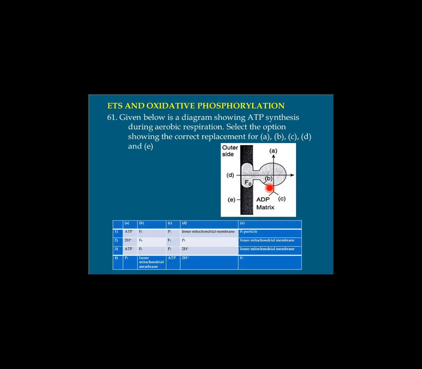C is inorganic phosphate. D is protons, 2 H plus, and E is the inner mitochondrial membrane. So, ATP, F1, inorganic phosphate, 2 protons, and inner membrane: option 3 is the answer for this question.